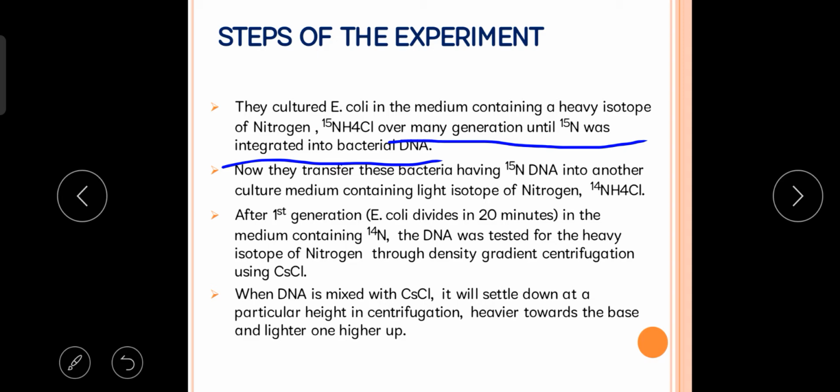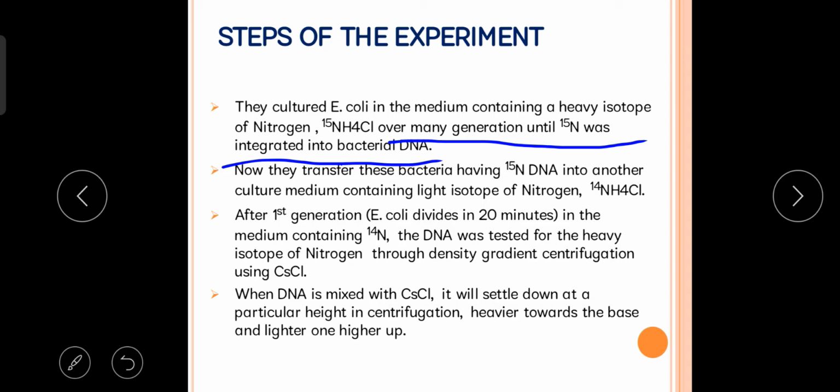That means they prepared one medium, mixed the radioisotope 15N in that medium, and grew the E. coli bacteria in it over many generations until 15N was completely integrated into the bacterial DNA. So now you can say that E. coli DNA only contains the 15N isotope.